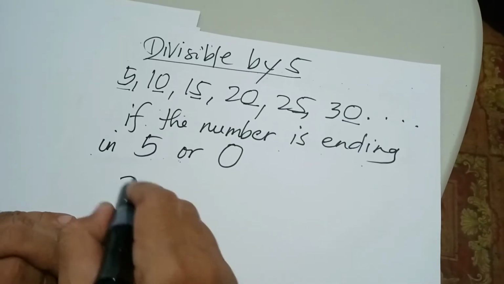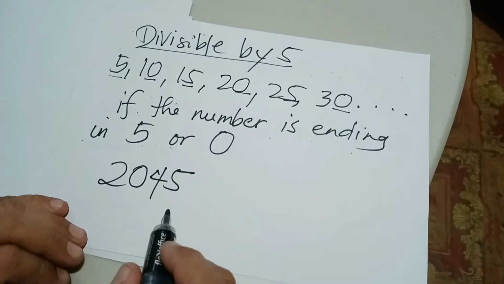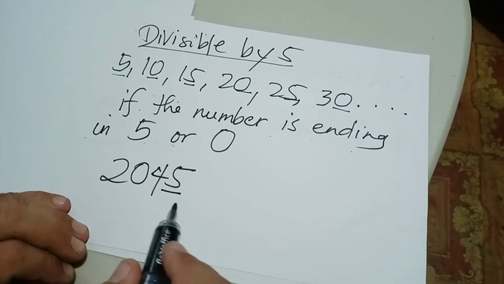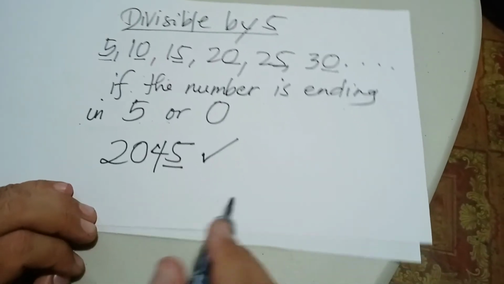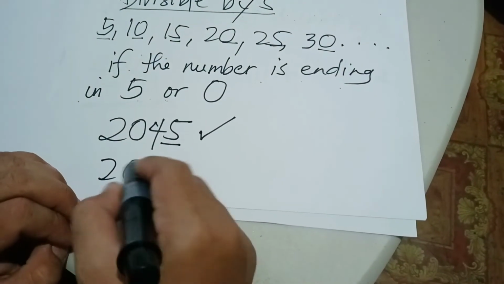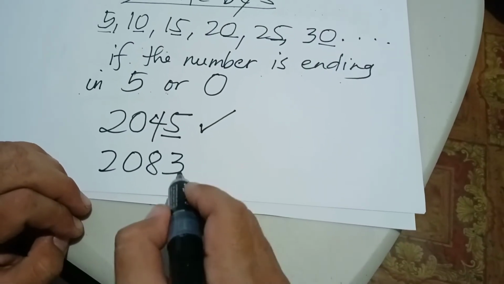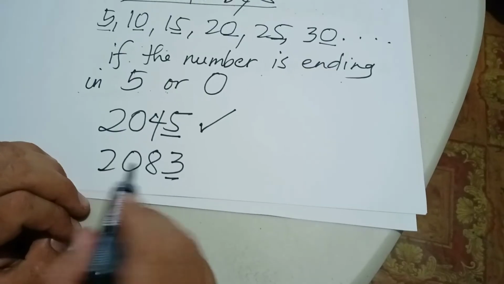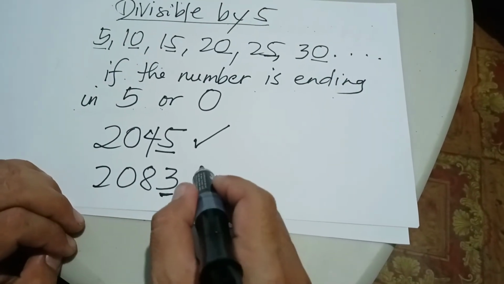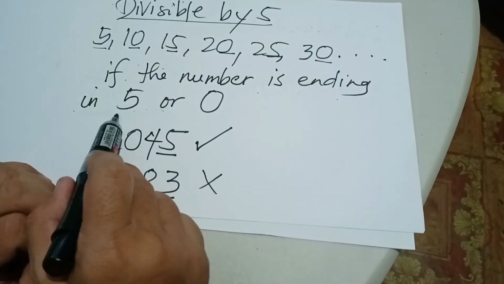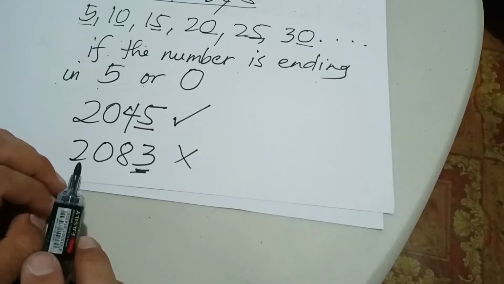So, example, 2,445. So, nagtatapos sa 5. So, that means it is divisible by 5. Check. Right? So, 2,083. The last digit is 3. So, divisible by 5? Of course not. Sabi nga, ending in 5 and 0. Ang last digit is 3. So, that is not divisible by 5.